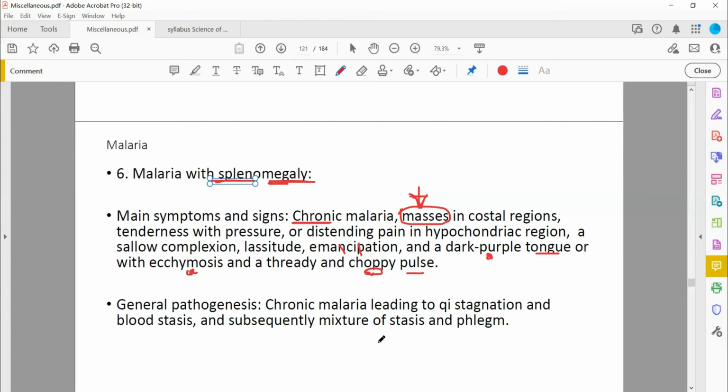It will combine everything, combine the deficiency and excess, could combine the cold and the heat, right? And mostly will be like deficiency and excessive syndrome. You will see both of them.